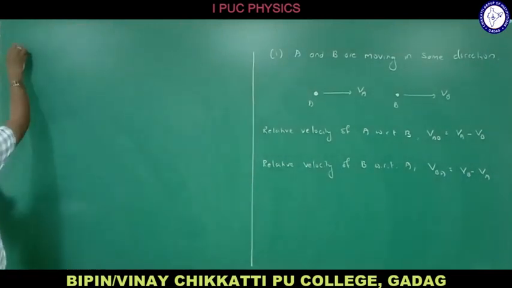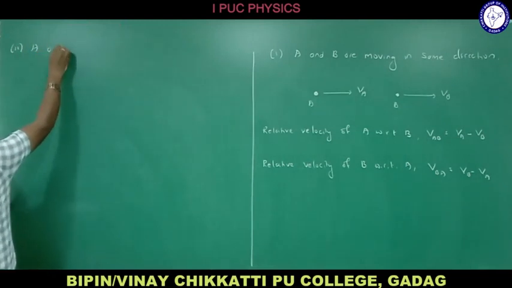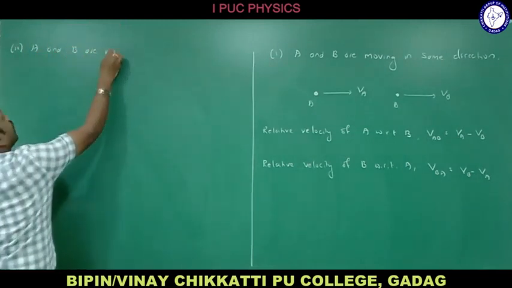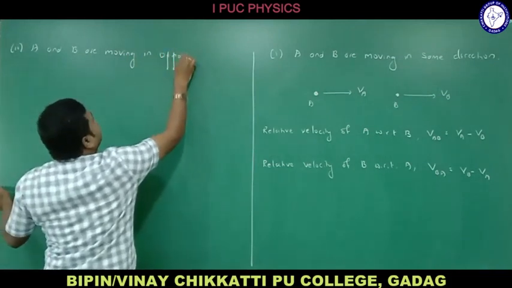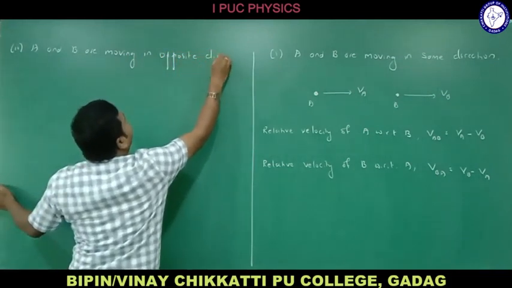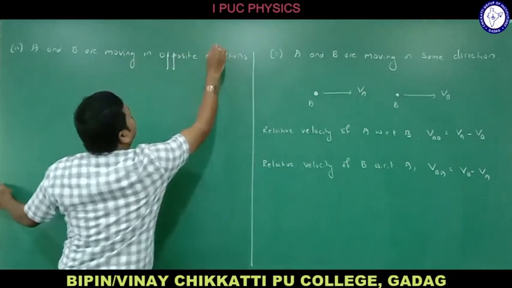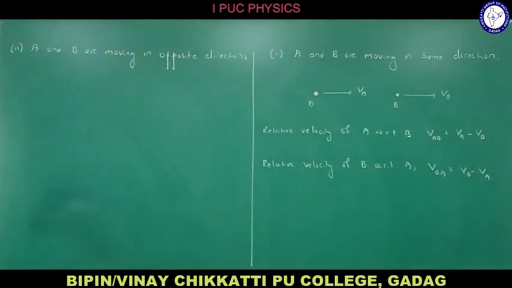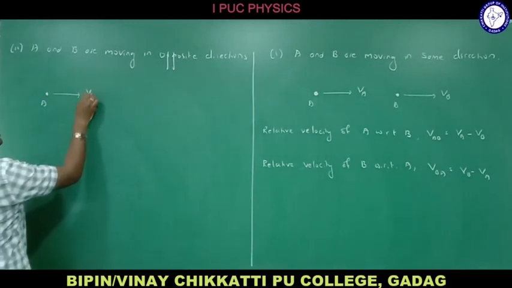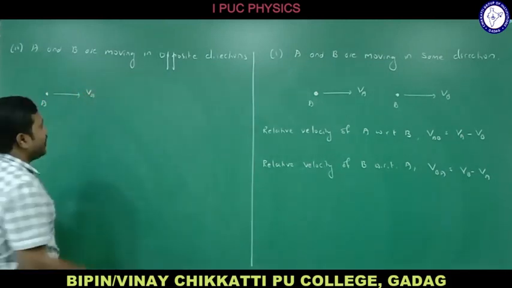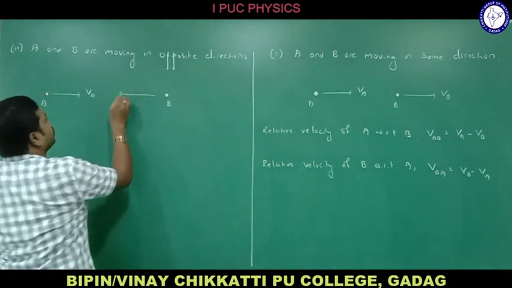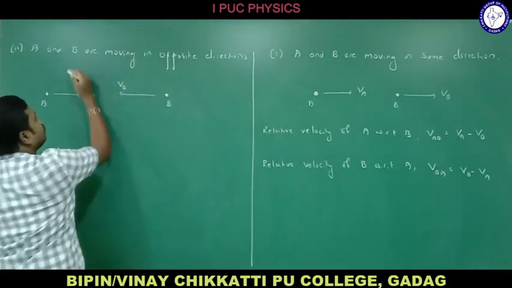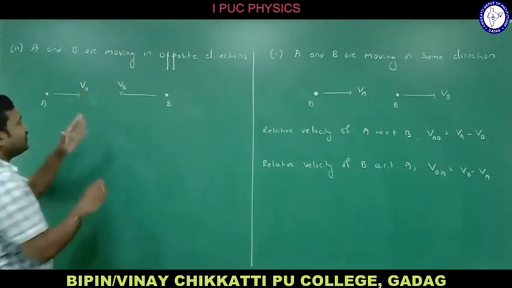Let me take the second case, that is A and B are moving in opposite directions. For example, this is a particle A which is moving in this direction with VA, and this is a particle B which is moving in the opposite direction with VB.